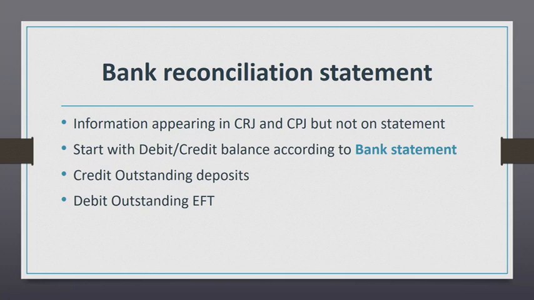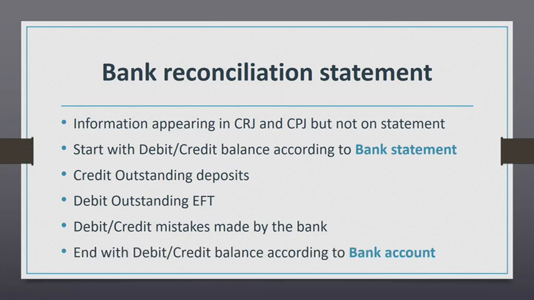We will debit outstanding EFTs. Then we will debit or credit mistakes made by the bank, depending on whether the bank debited or credited our account by mistake. And then we end with a debit or credit balance according to the bank account that we just calculated in our bank account.